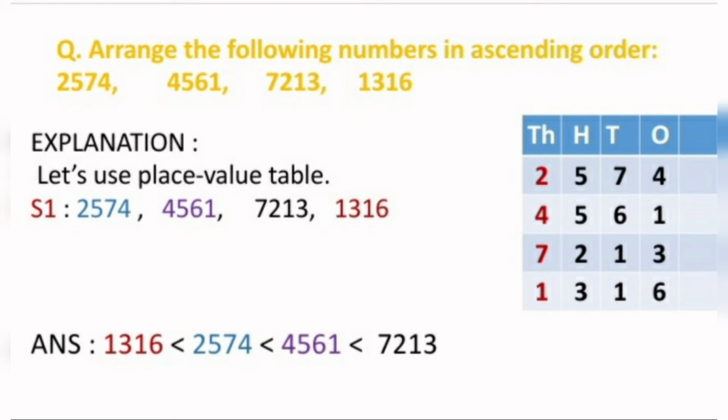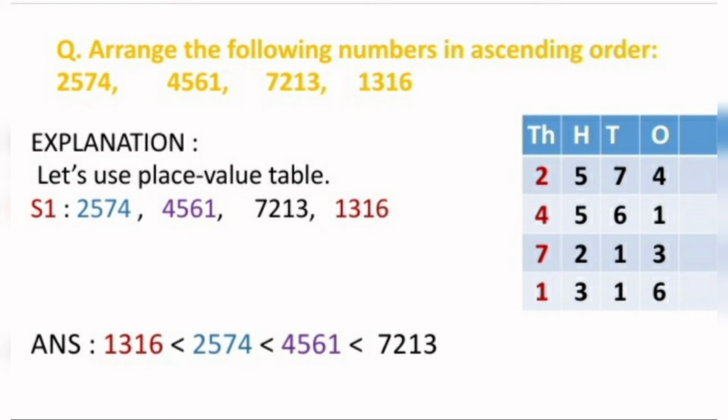So the first step, what you need to do is write the places for the numbers given, so that you can see in the table given, that is ones, tens, hundreds, and thousands, and you can see the digits are written in appropriate columns. Now ascending order, that means smallest to the biggest one. Okay, so now see the digits in the highest place. So here you can see 2, 4, 7, and 1.